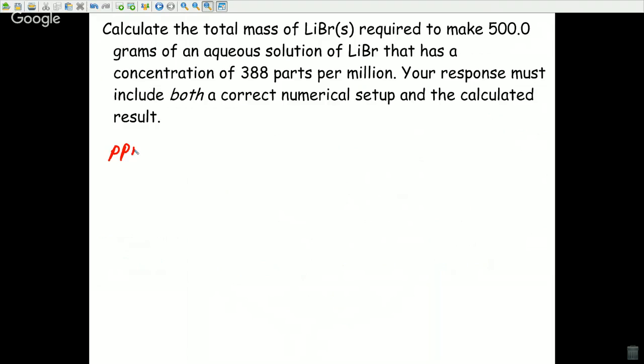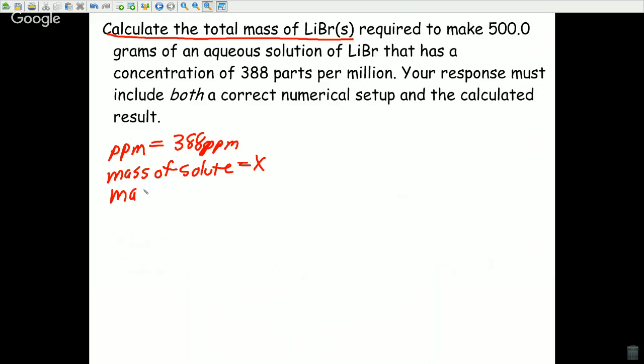So just taking an inventory of what we have, parts per million is 388 ppm. The mass of the solute, which is the lithium bromide, is what I'm actually looking for because it says calculate the total mass of lithium bromide. And the mass of the solution is 500 grams.